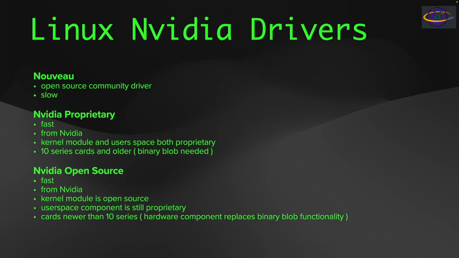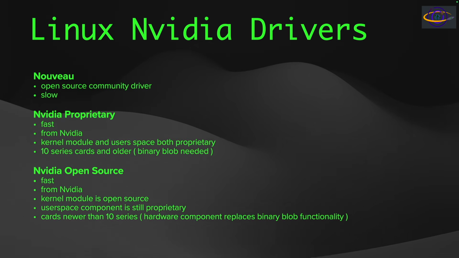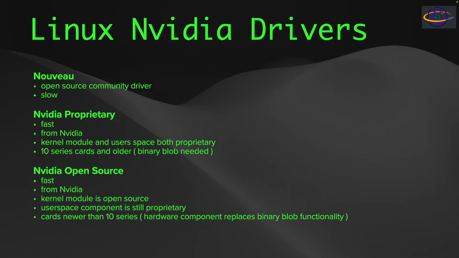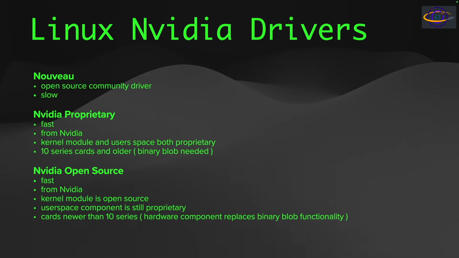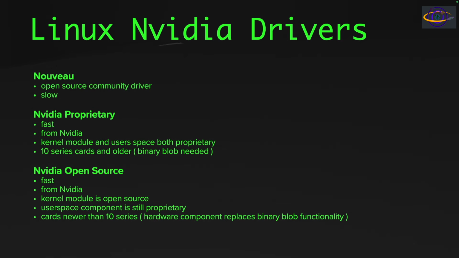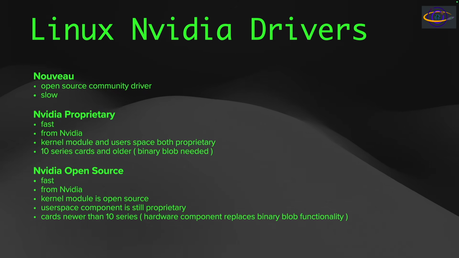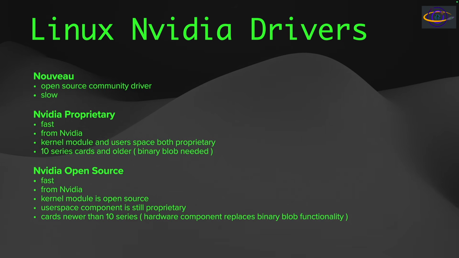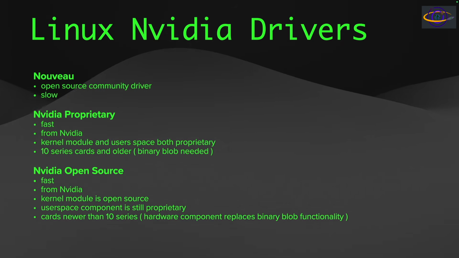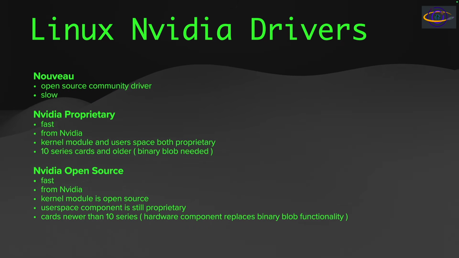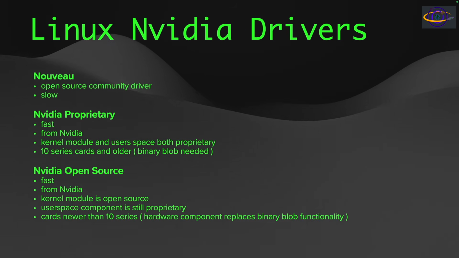It was recommended you should stick with the proprietary driver for everything, but eventually it became more and more stable, and now they recommend the Nvidia open source driver for any card that supports it. So it's also fast, also officially from Nvidia, and the kernel module is open source, but the user space component is still proprietary.